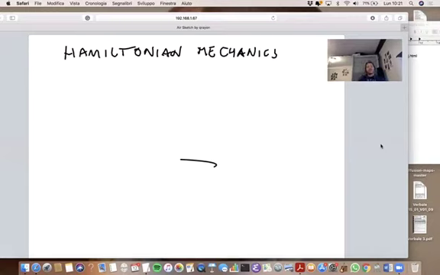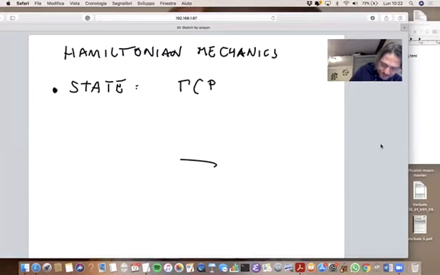First of all, we need to define what is a state I'm interested in. What is the object of my study? How do I define the state of a physical system? And in classical mechanics, the state of a physical system is identified as a point in phase space. Why is it so?